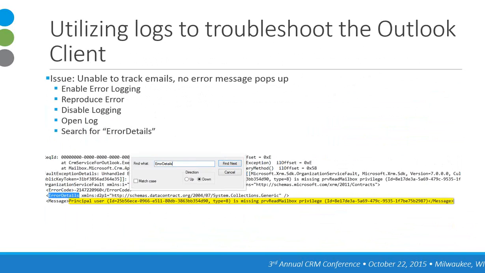And here we see that the principal user is missing a security privilege, in this case the read mailbox security privilege, and that's why they're getting that error. Sometimes with these security errors, the Outlook client won't be able to show you any error. It may just not do anything or give you an unrelated error, and it really could be a security issue like this.